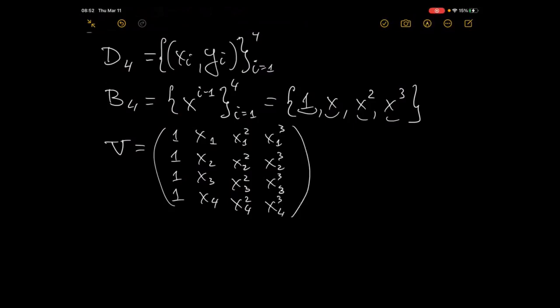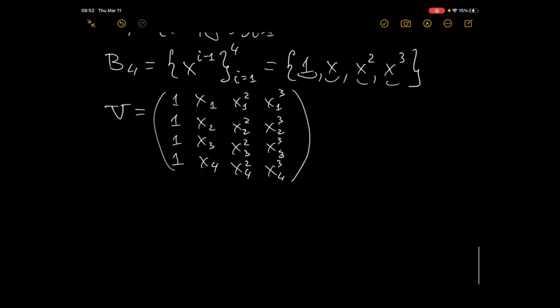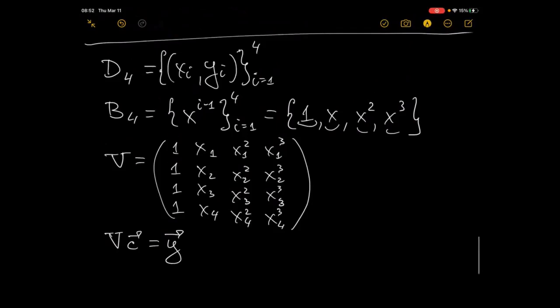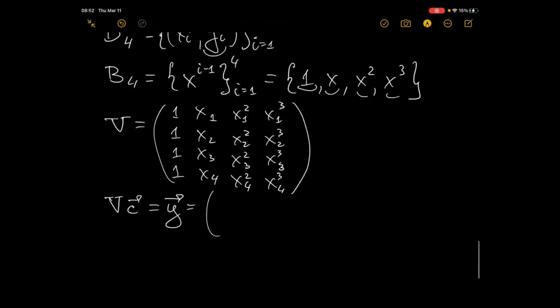And we are essentially solving the problem VC equals Y, where Y are the corresponding Y1, Y2, Y3, Y4, right?